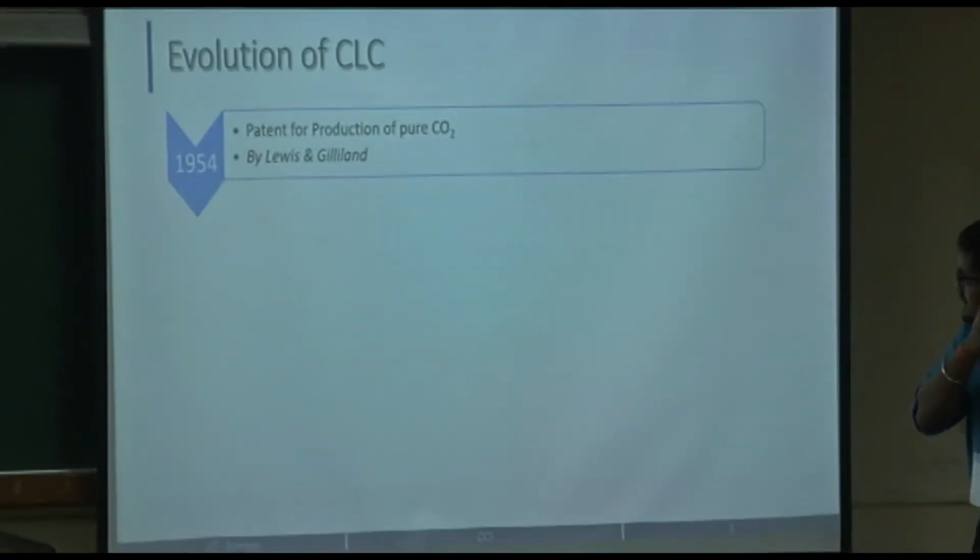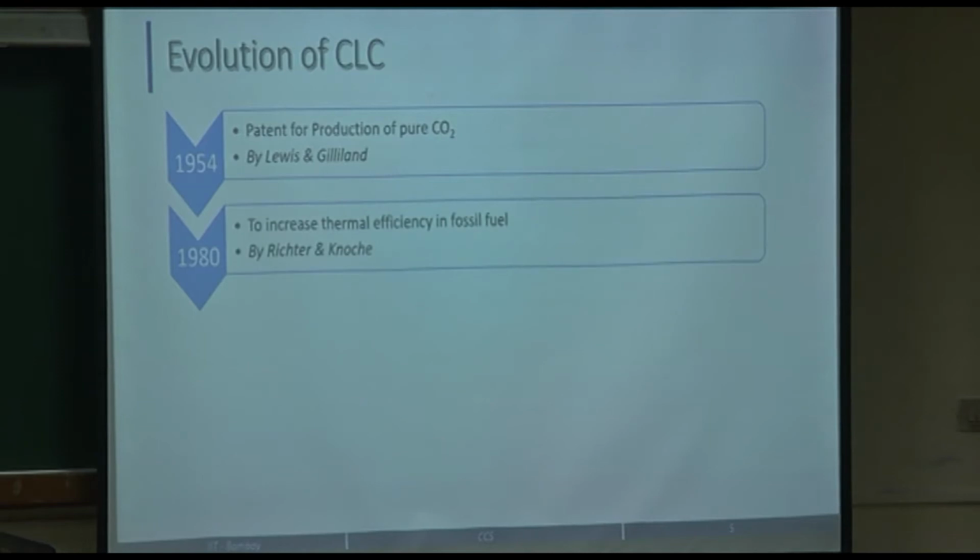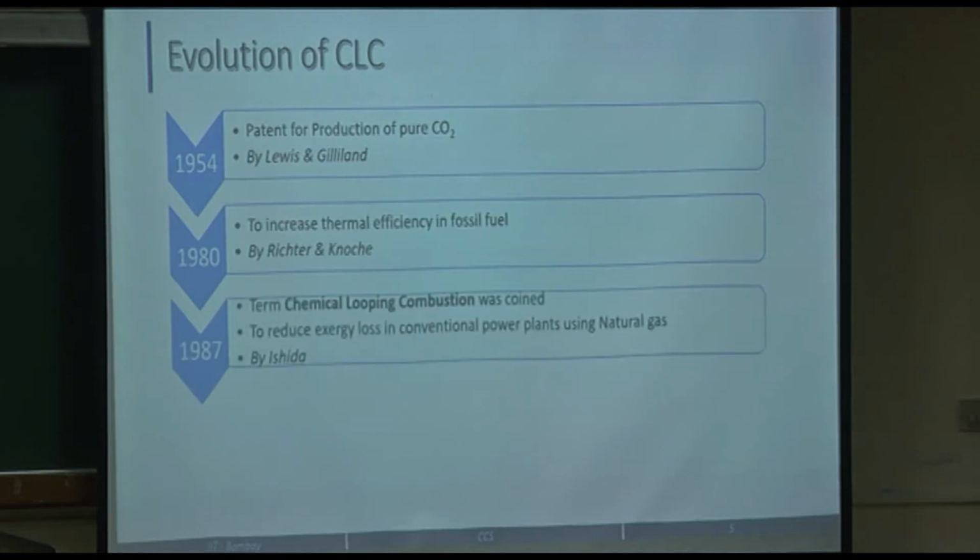So just a quick thing about the evolution of CLC. Lewis and Gilliland used this concept of chemical looping to produce pure carbon dioxide in 1954. So that is where the CLC roots were paved. Then it was used by Richter and Knoche to increase thermal efficiency in fossil fuels, which was extended by Ishida et al.